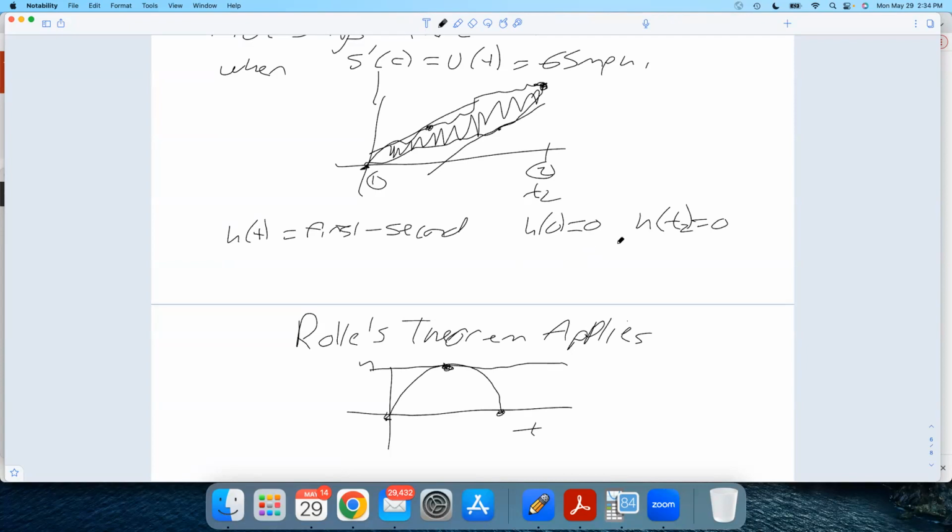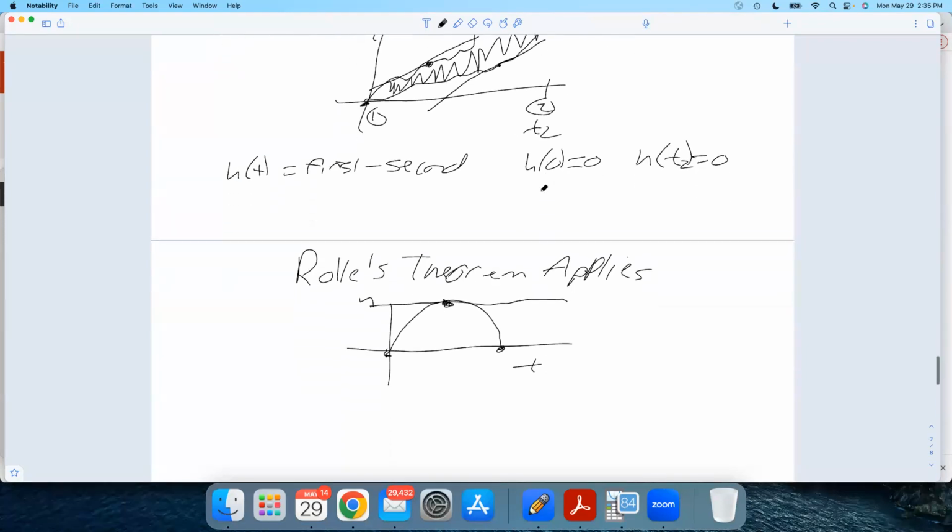These happen to be 0, since the difference between their positions at the start and end are both 0.